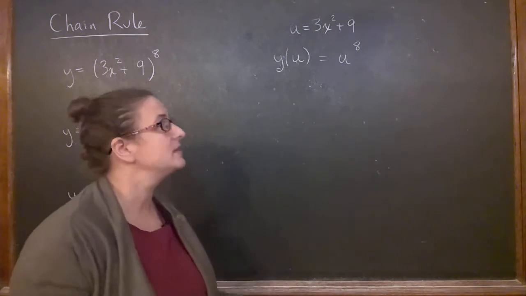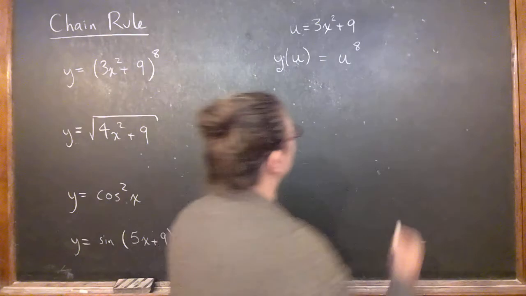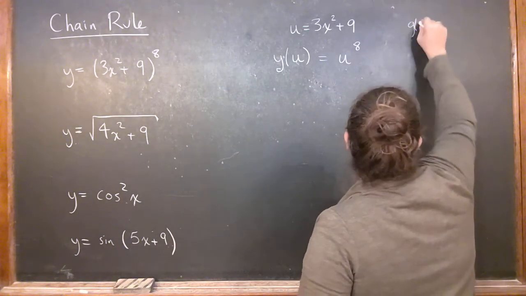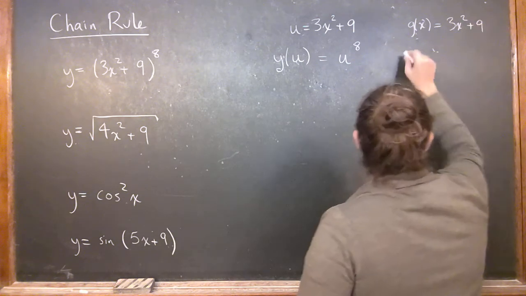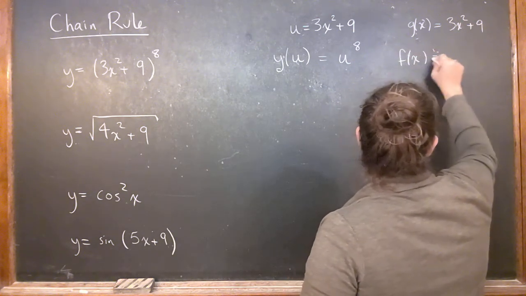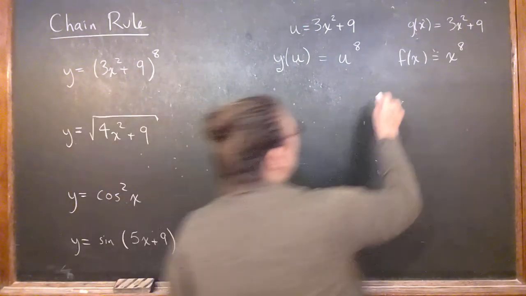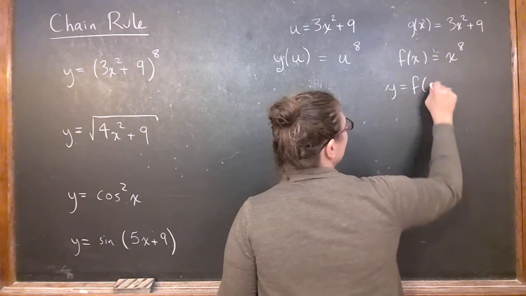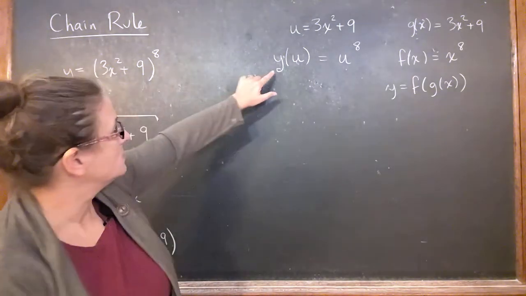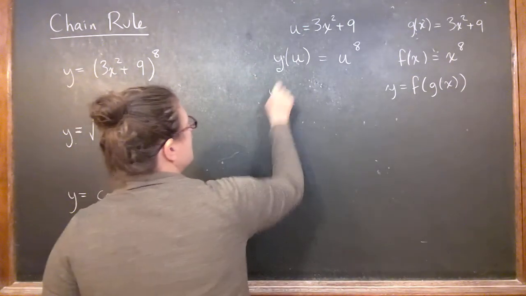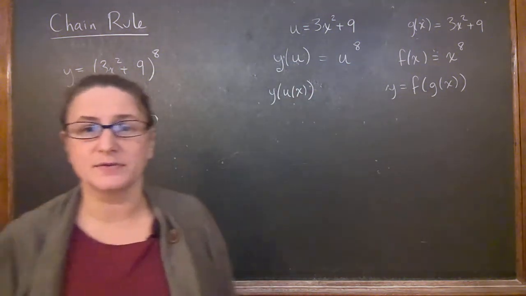I can think about it that way, with u, or if I prefer, I can rewrite it as the inside being g of x, and then the outside being x to the 8th, and then my function y is just f of g of x. Or here I can just write this as y of u of x. So how do I take the derivative of something like that?